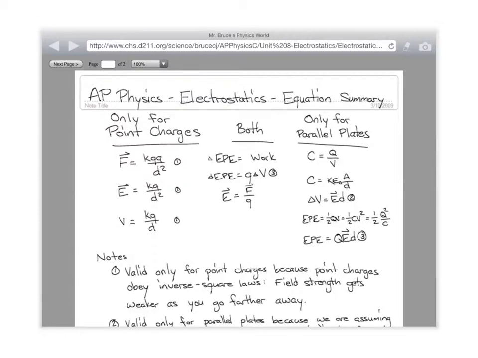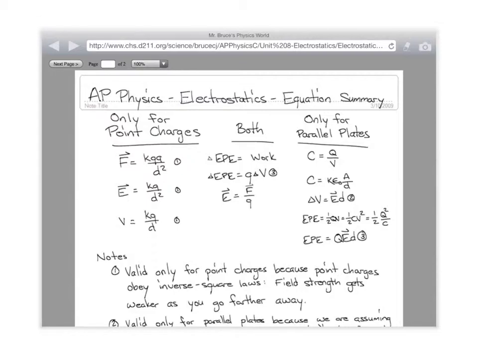Give me an example of something that we would model as a point charge. An electron. What else? A proton. Is a neutron a point charge? No, it has no charge, so I guess not.